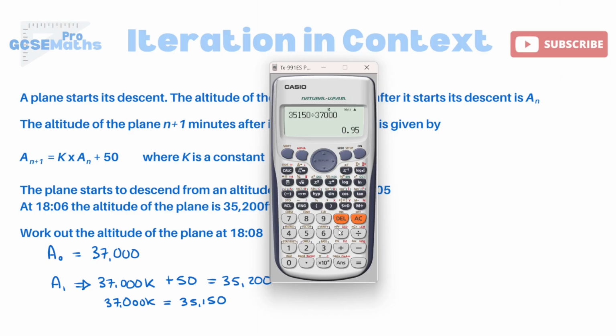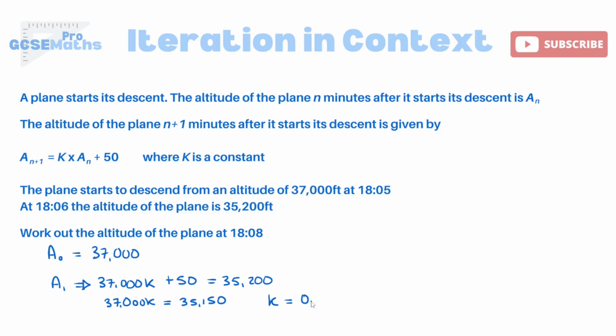So the altitude should be decreasing. The multiplier is less than 1. Whereas in question 1 we saw it was 1.03, which is more than 1 as a multiplier, a population increase, we've now got something less than 1, so it's decreasing. So k is 0.95. So now I know my actual iterative formula is 0.95 multiplied by the previous altitude plus 50.